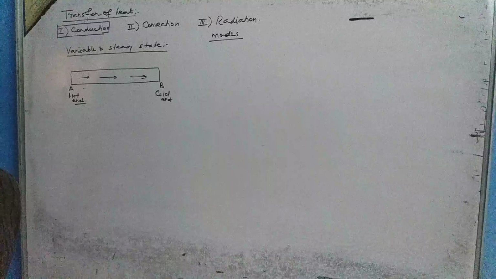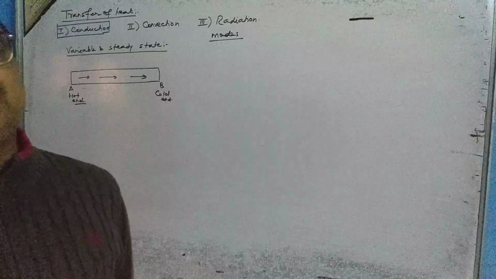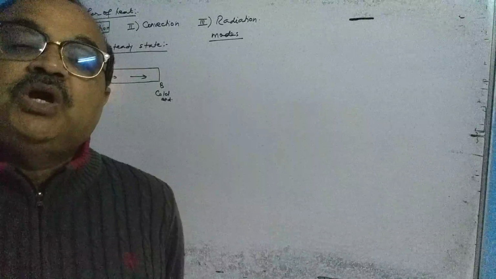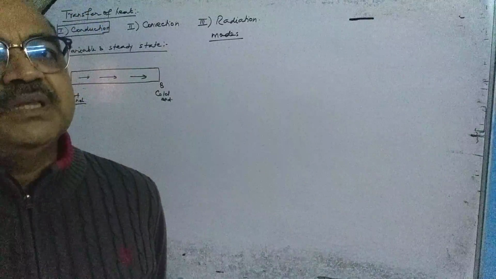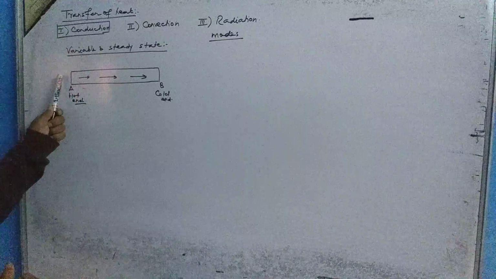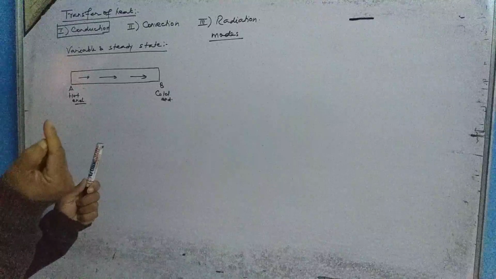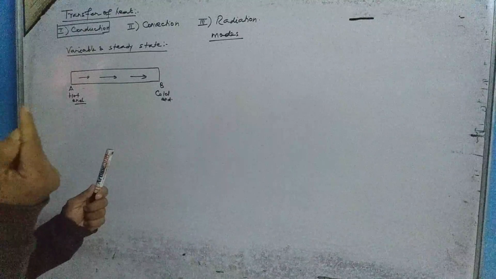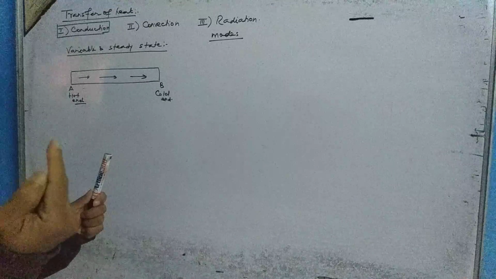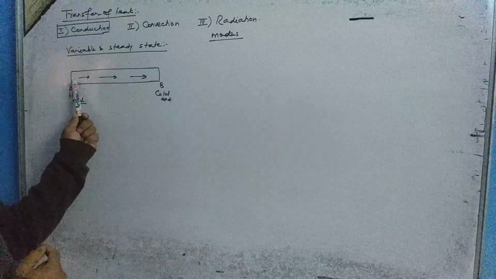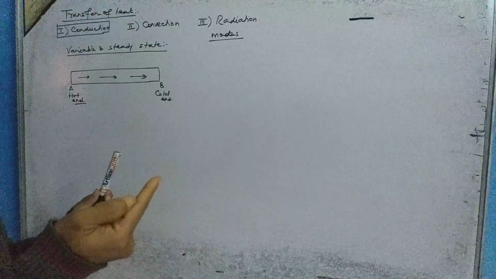But there is no bodily movement of the molecules. What is the meaning of it? That there is no bodily movement of the molecules. क्या मतलब है इसका? Bodily movement नहीं हो रहा है, इसका मतलब हुआ, मान लो इस एंड में जो फर्स्ट मॉलिक्यूल है, that is getting the heat energy. It is excited. Its kinetic energy increases. It vibrates, and this energy is given to the adjacent molecule.